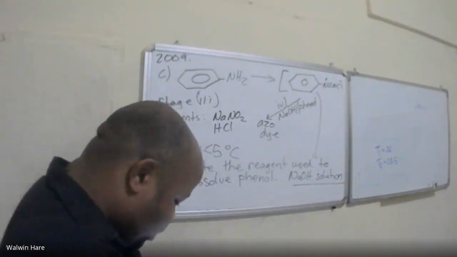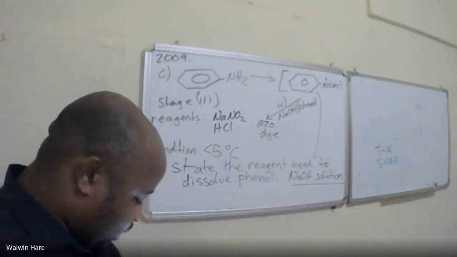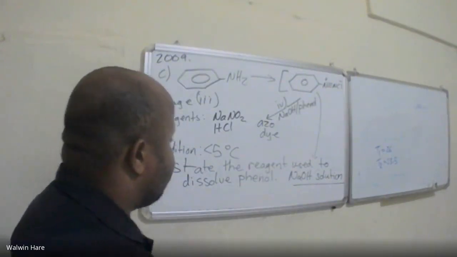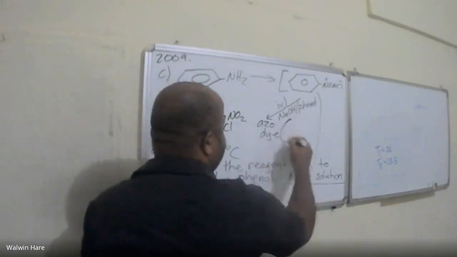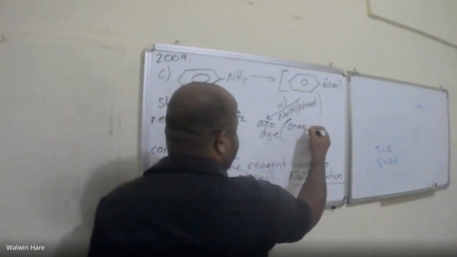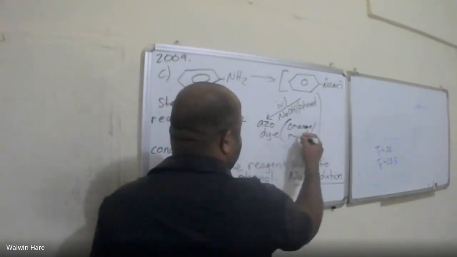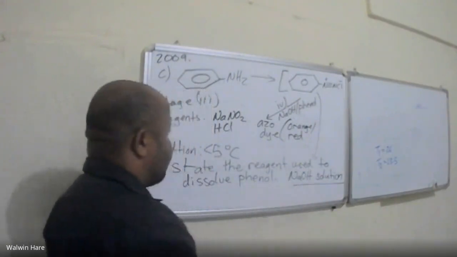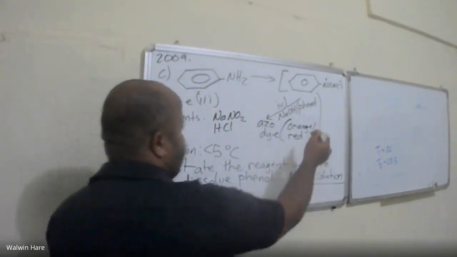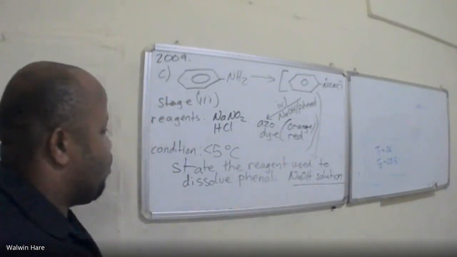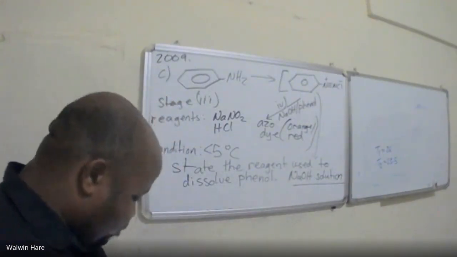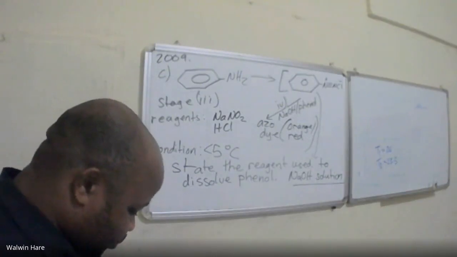And then it says state the color of azo dyes when phenol is used. So azo dyes are brightly colored compounds. So they tend to be orange or red. Azo compounds are brightly colored compounds, often orange or red. Can be yellow as well.